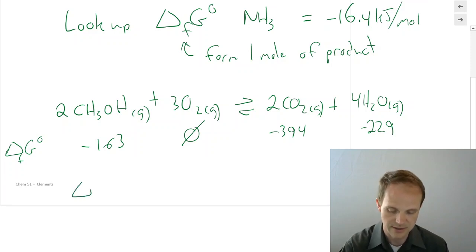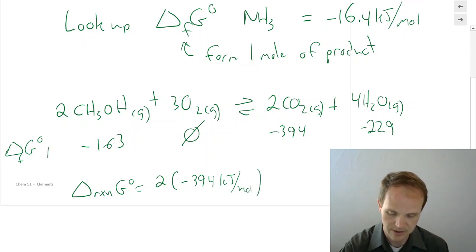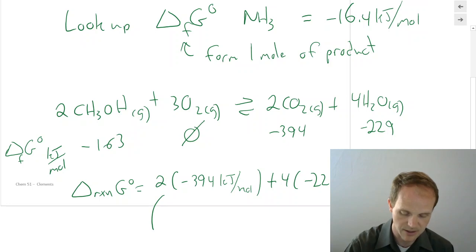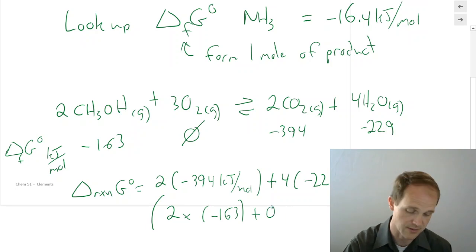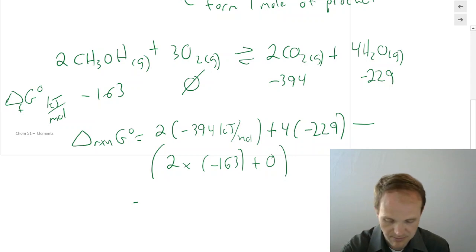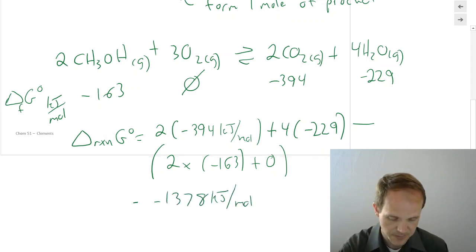So if we want to calculate delta G of reaction, it's just going to be products minus reactants. 2 times minus 394 kilojoules per mole, and then we add 4 times minus 229, and then we subtract off the sum of 2 times minus 163 plus 0. Don't have to worry about the 0 too much. Plug that into your calculator, and you're going to get minus 1,378 kilojoules per mole.